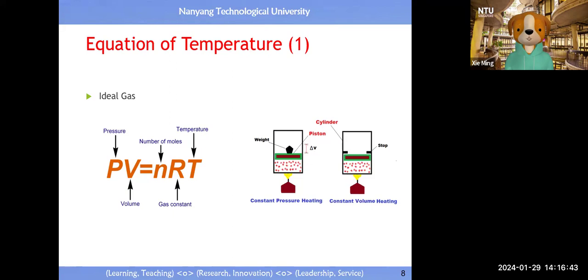For example, we can use a resistor to serve as a sensing element. We can also use a capacitor, or an inductor, to serve as a sensing element, right? So, for example, in this video, you see we use a resistor to serve as a sensing element to pick up the value of a temperature.